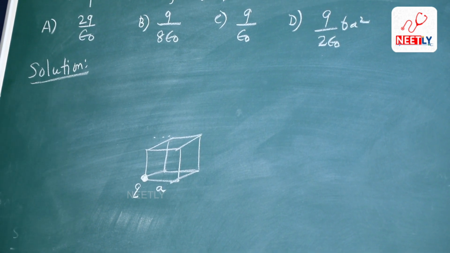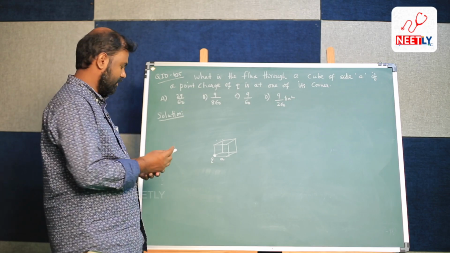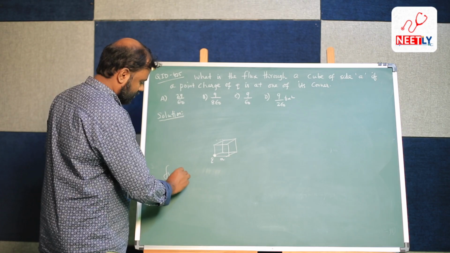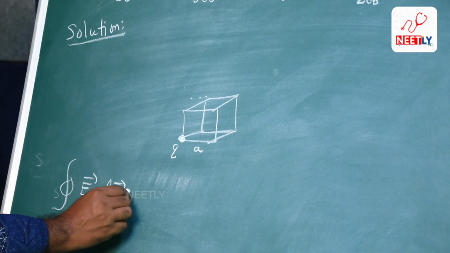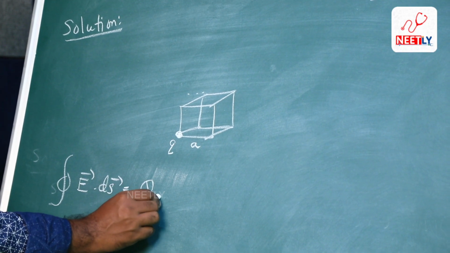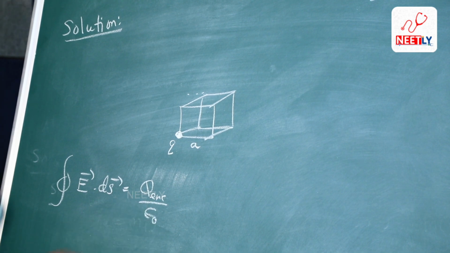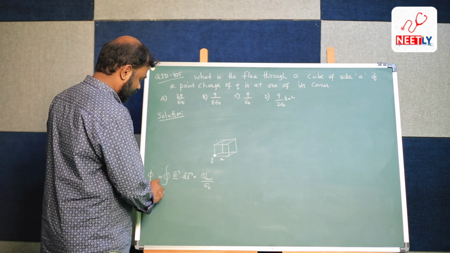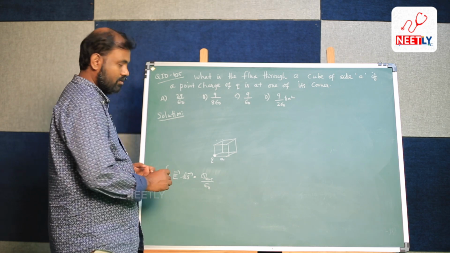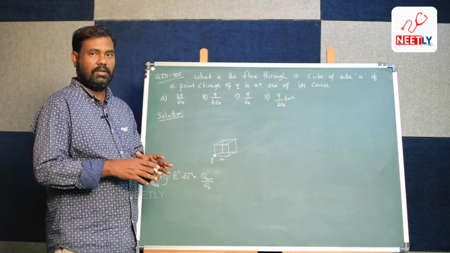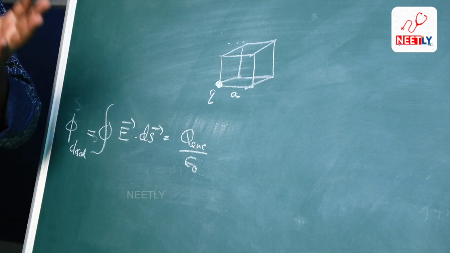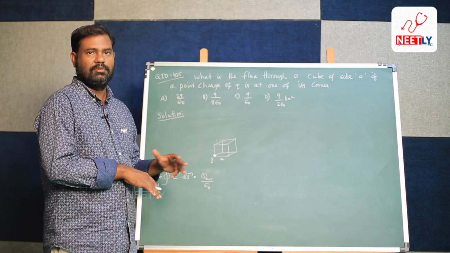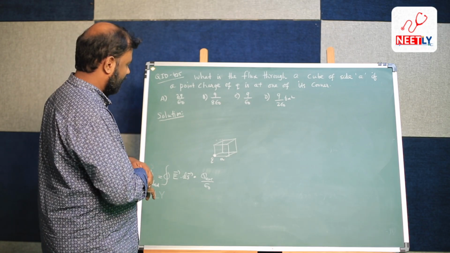In a closed surface the total flux, the integral of E dot ds, is equal to q enclosed divided by epsilon naught, or this is called phi closed. The closed surface can be a sphere, a cube or any irregular surface, but it has to be a simple closed surface.